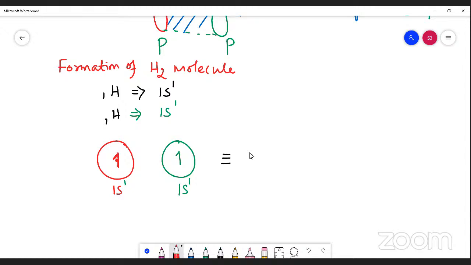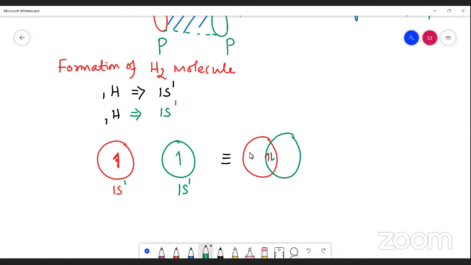So this is one atomic orbital of one hydrogen atom. This is the second atomic orbital of the second hydrogen atom. Now the first electron of one atomic orbital and the second electron are present in the overlapping region. So 1s1 of two hydrogen atoms, each containing one unpaired electron. One unpaired electron means a single electron overlaps along the internuclear axis.